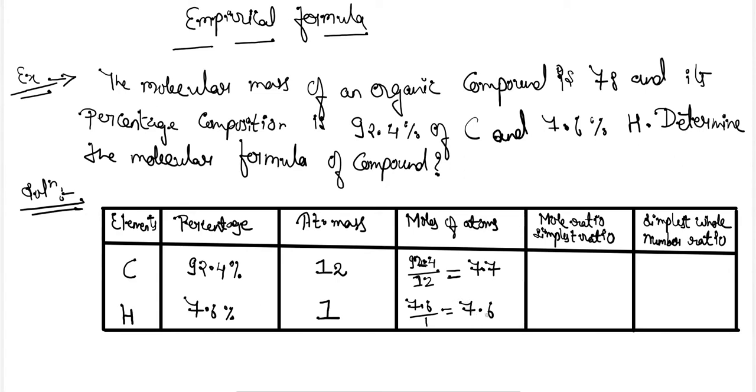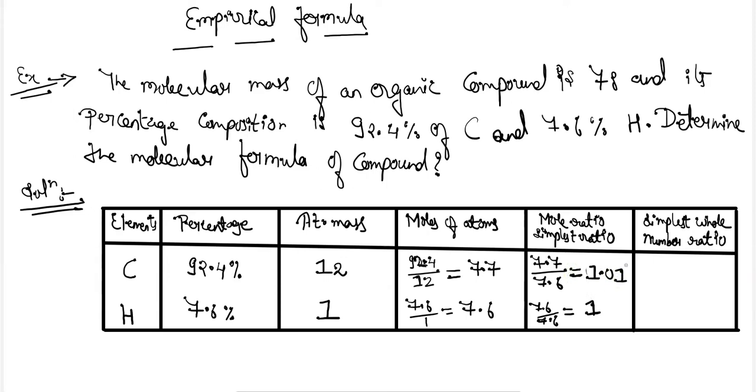So divide both moles by 7.6. 7.7 divided by 7.6 gives 1.01, and 7.6 divided by 7.6 gives 1.